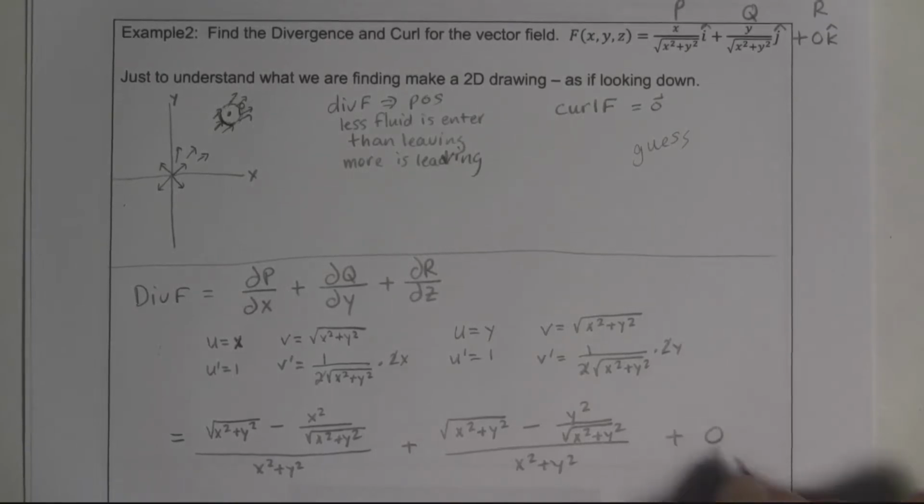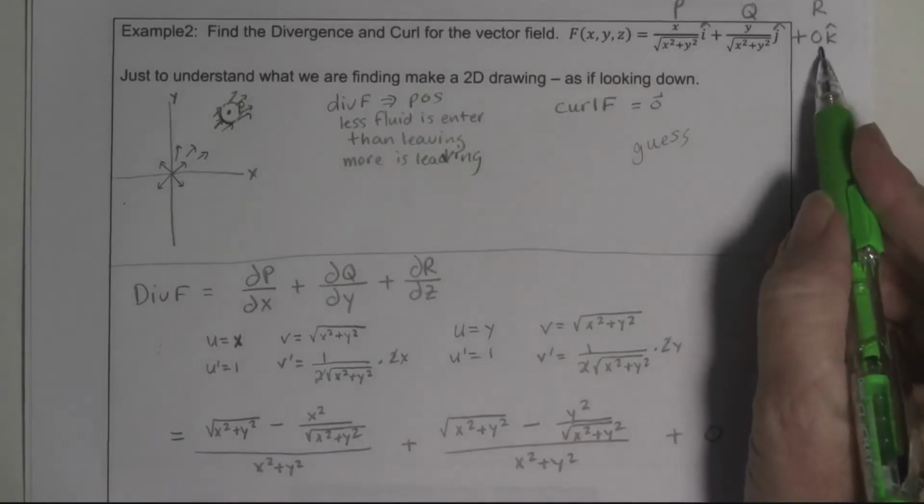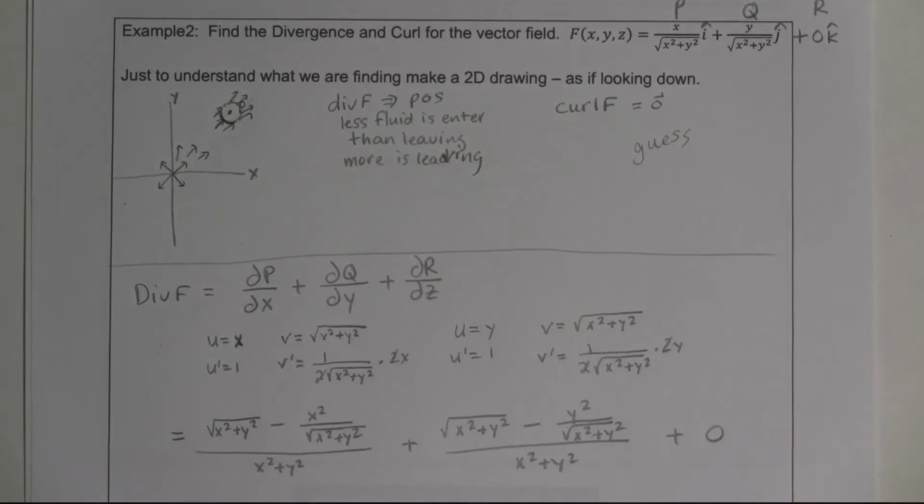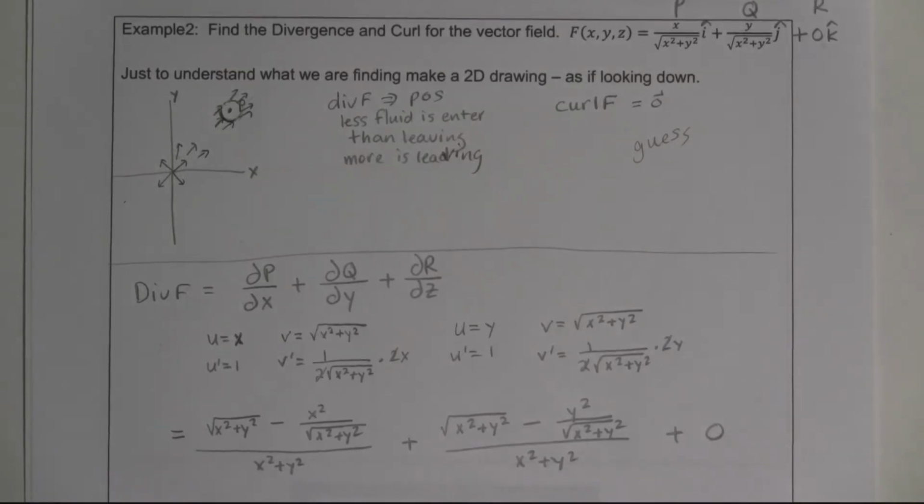Then the next piece is 0. If I take the partial of it, I get 0. So I'm working on my divergence. I notice right now that they have a common denominator. Do you guys notice that they also have a common denominator? That's quite lovely. Now I could add those together if you thought that would be the best way of going. I don't know if it is or not.